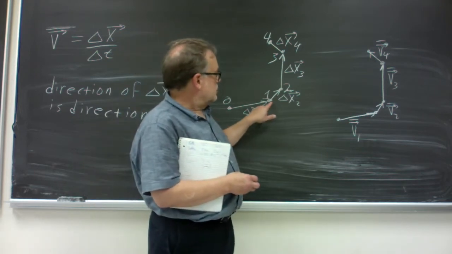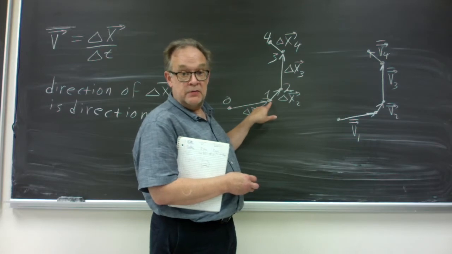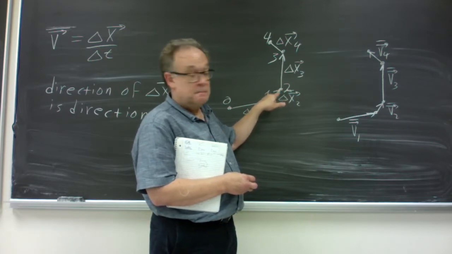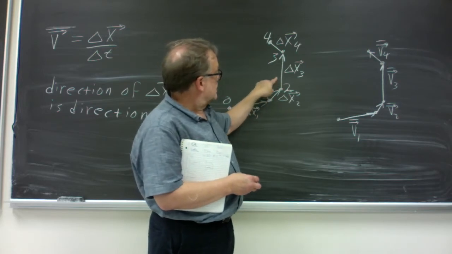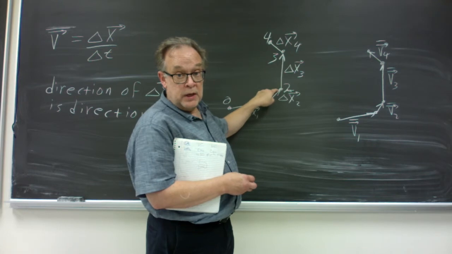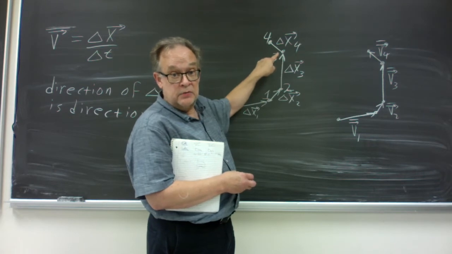And each of these displacements points from the beginning of that displacement toward the end of that displacement. Here's the displacement during the third time interval. Here's where the object was at the beginning of the third time interval, and here's where it is at the end of the third time interval.